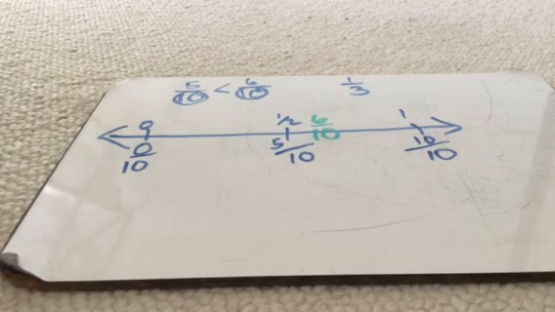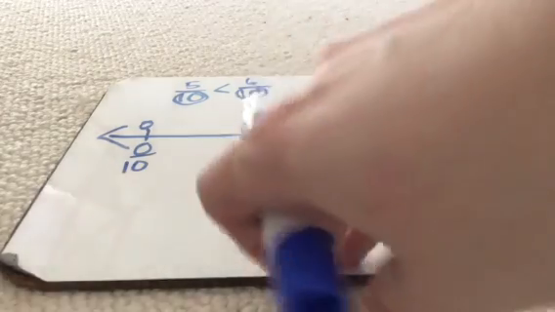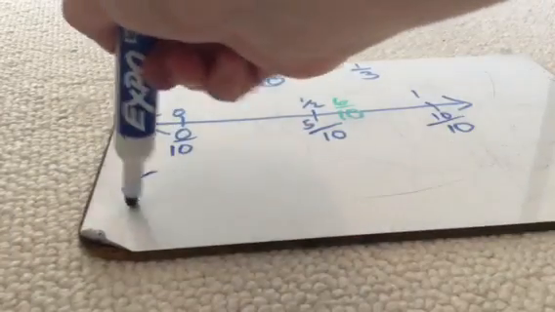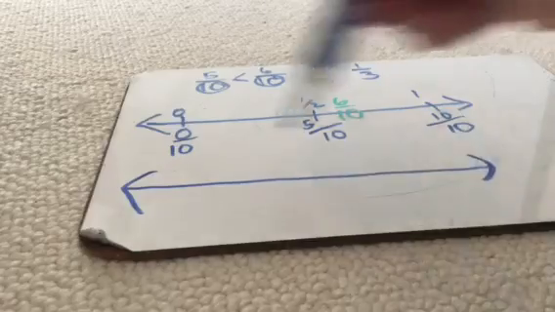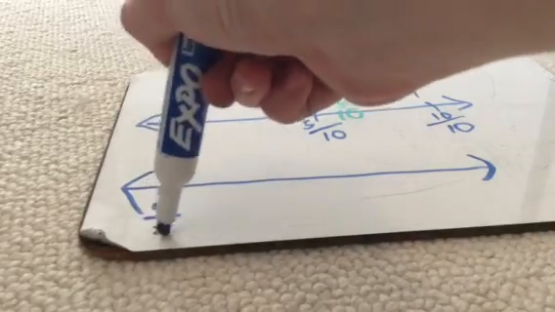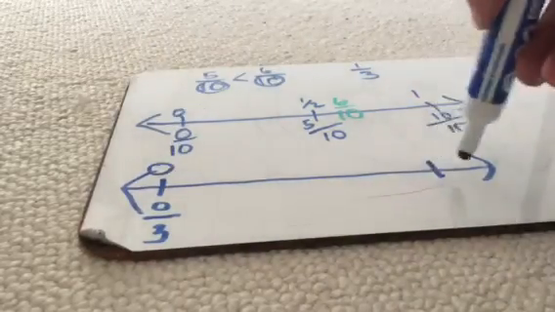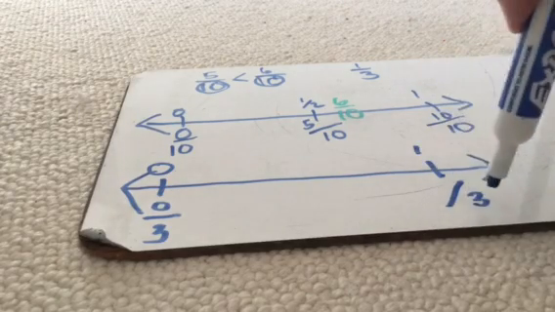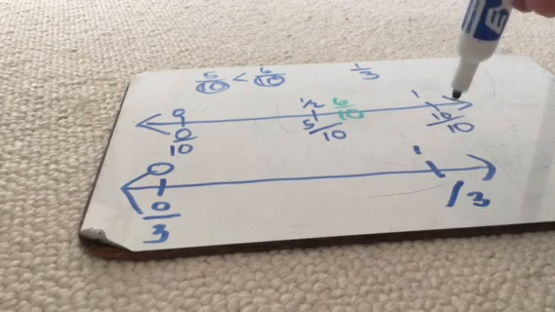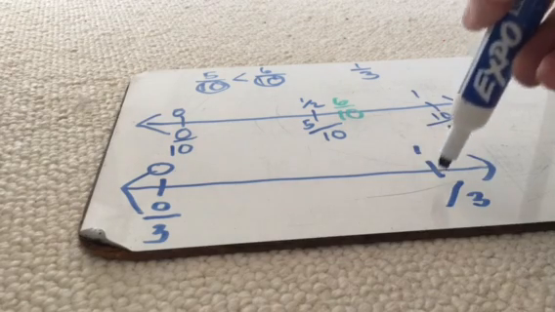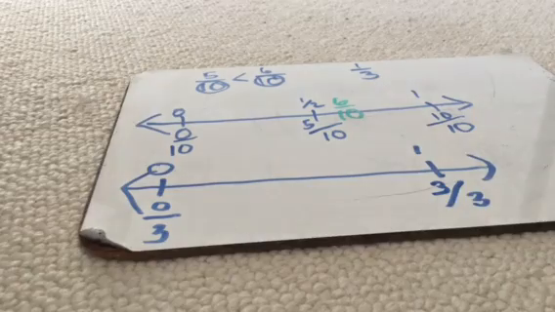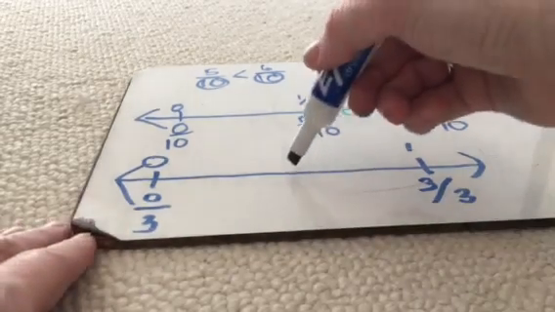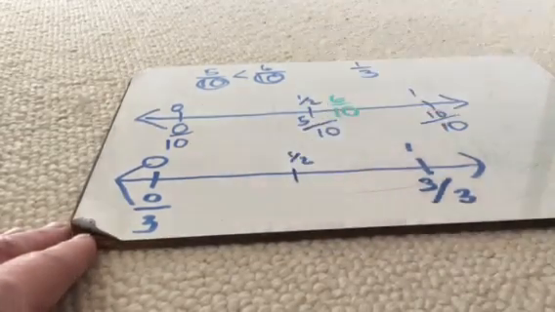Okay, now 1/3. Number line that's broken into thirds. So 0/3 for 0. How much is 1 whole? If I have 3 slices of cake and I eat the whole cake, I ate 3 pieces. Now, can I do 1/2 in terms of thirds?